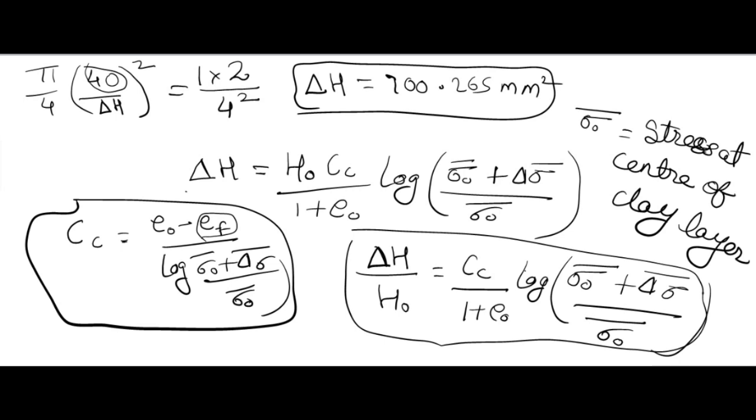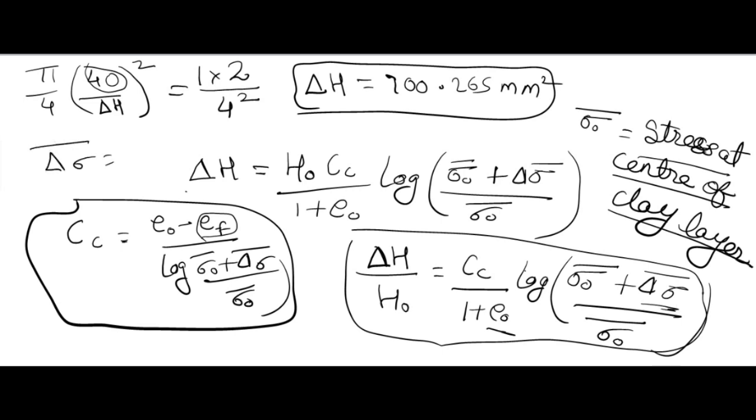In this case, sigma 0 is the stress at the center of the clay layer, and we also need to find the initial void ratio. Now what is delta sigma bar in this case?